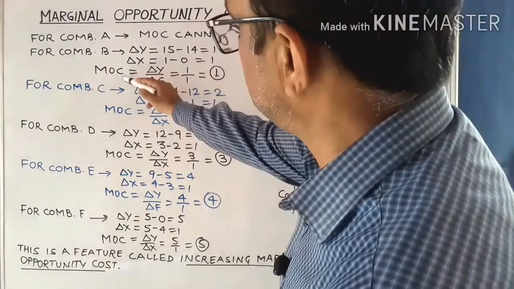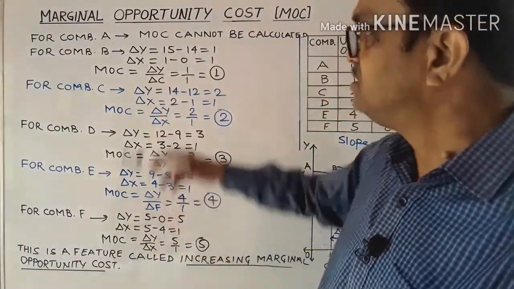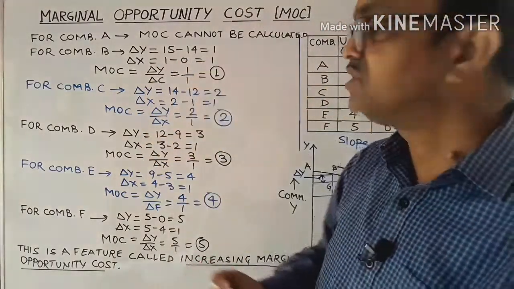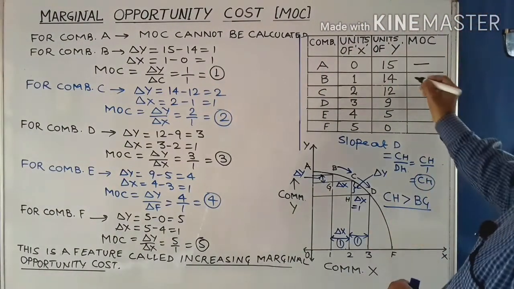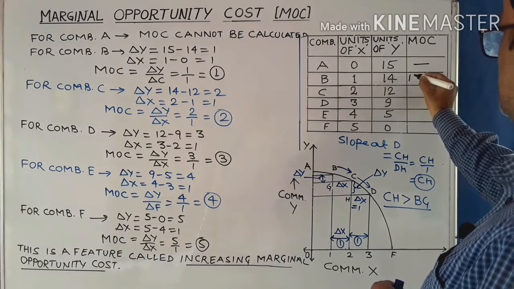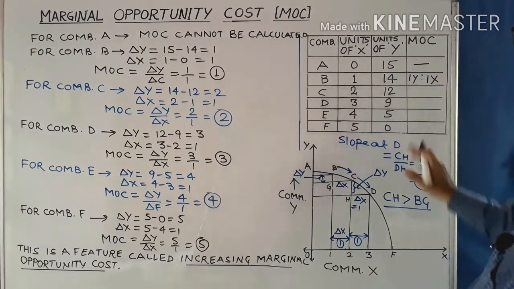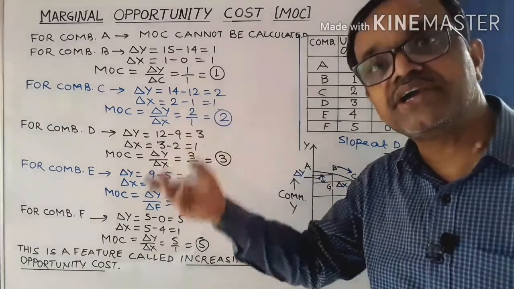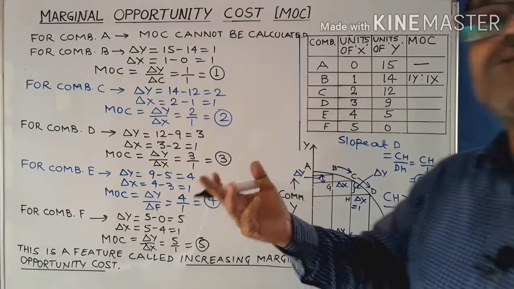Means MOC is equal to delta Y by delta X, means number of units of Y sacrificed by number of units of X gained. So 1 by 1, that is equal to 1. So here we write in this format, that is 1Y is to 1X. Means 1 unit of commodity Y is sacrificed to produce one additional unit of commodity X.